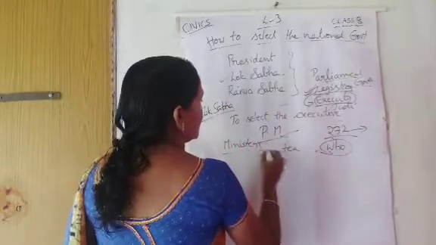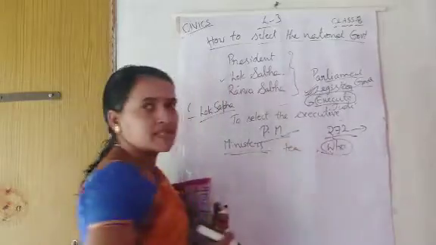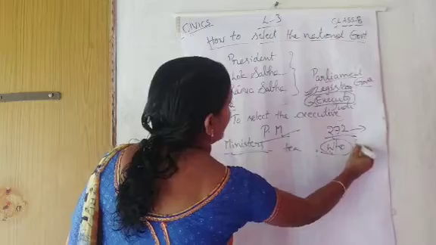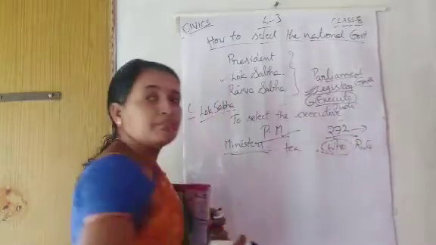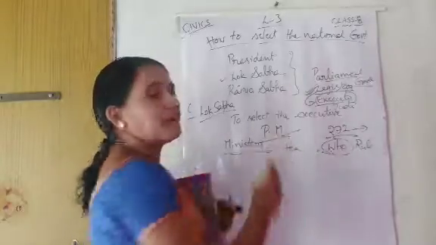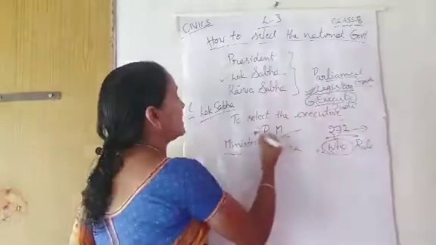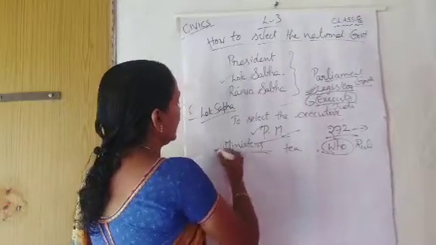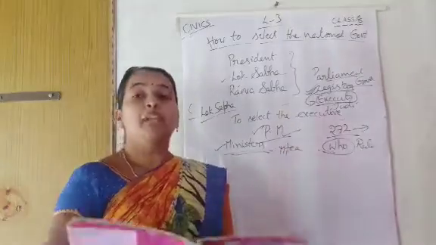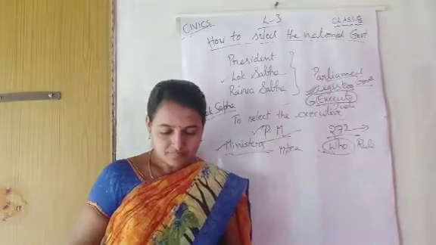He will select the MPs as ministers. These are all people who belong to the ruling party, the majority party. The party which gets the majority will form the government, and that party leader will be the Prime Minister, and those party members, MPs, will be the ministers of the government.